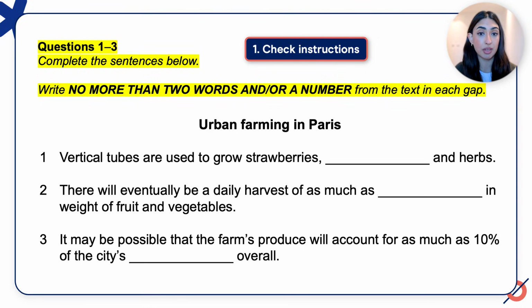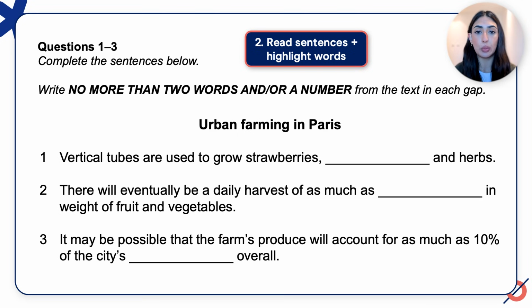These must come from the text, and once we've selected our answer, it needs to go in the gap. Like previously mentioned, the instructions are important to pay close attention to because they tell us a lot of information about our answers. In this task, our answers must come from the text, so we cannot change the word form. The words must be written exactly as they are in the text.